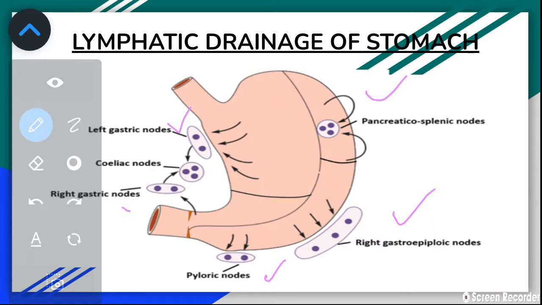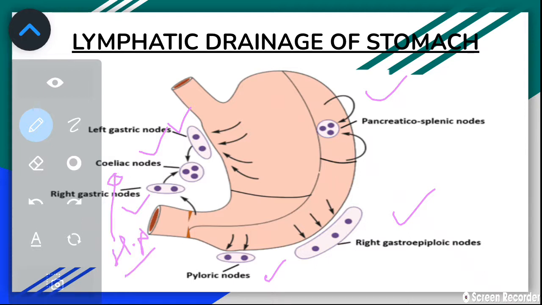The right gastric node, around the right gastric artery, and the celiac node, around the celiac trunk. All the lymph nodes are almost always present at the site of the artery with the same name. Then we have another set of lymph nodes around the hepatic artery, called the hepatic node.